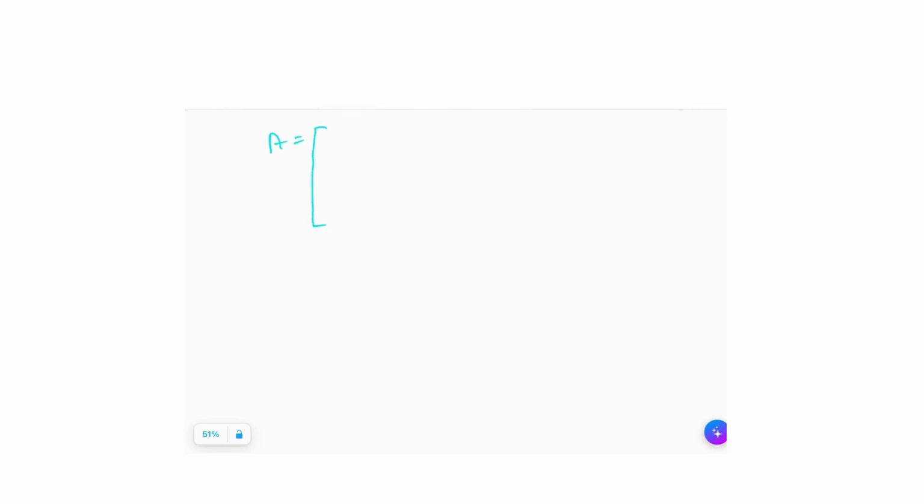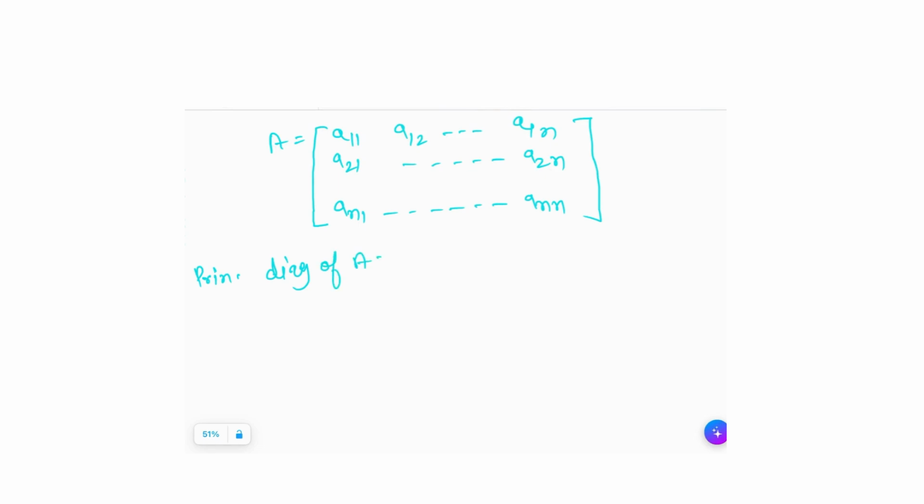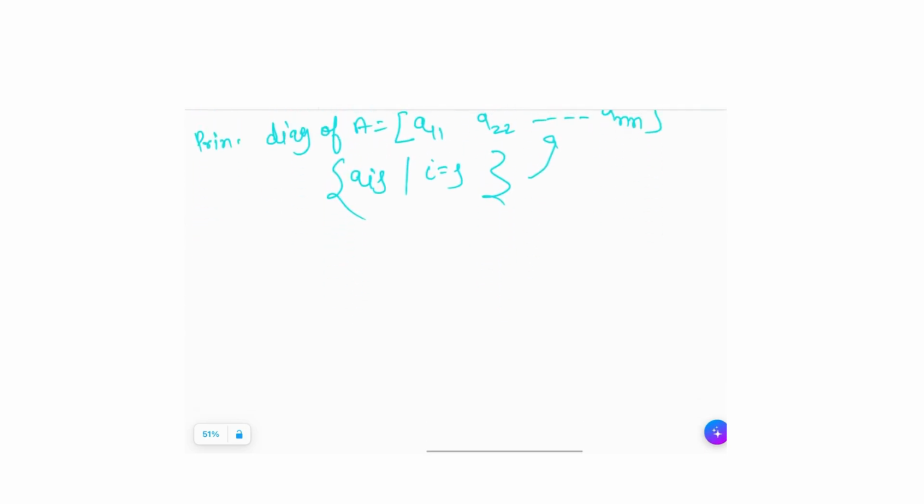So A equals A11, A12 up to A1n, A21 up to A2n, An1 up to Ann. The principal diagonal of A is equal to A11, A22 up to Ann, meaning i equals j, the Aij such that i equals j are contained in this principal diagonal. Okay, now we come to our next topic, the super diagonal line.